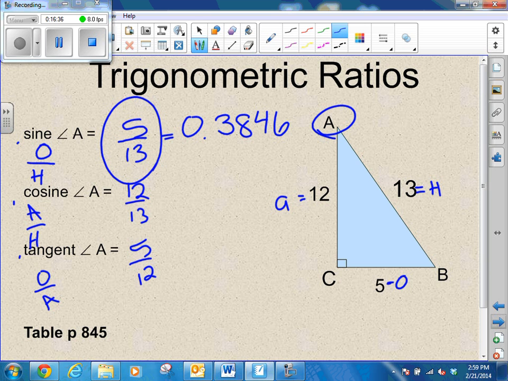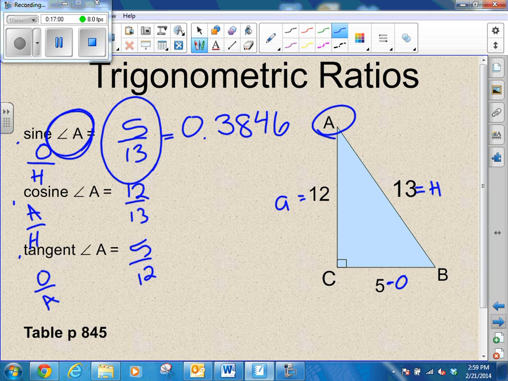Now, go to your table, and we are going to find what actual angle has a sine side ratio of 5/13, which is 0.3846. So go to your sine column and locate that.